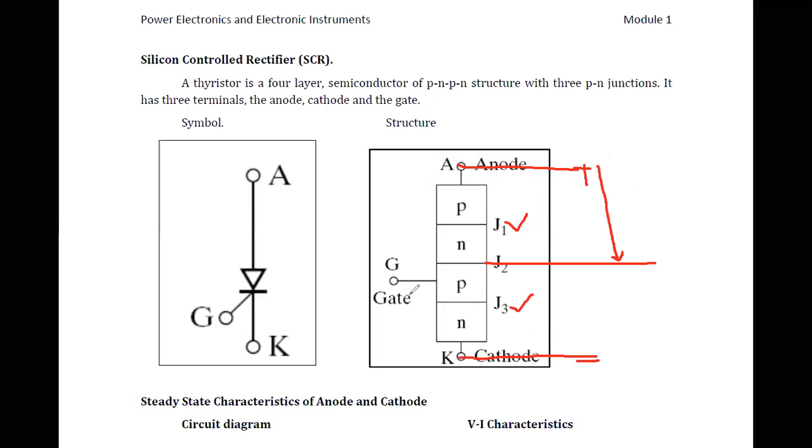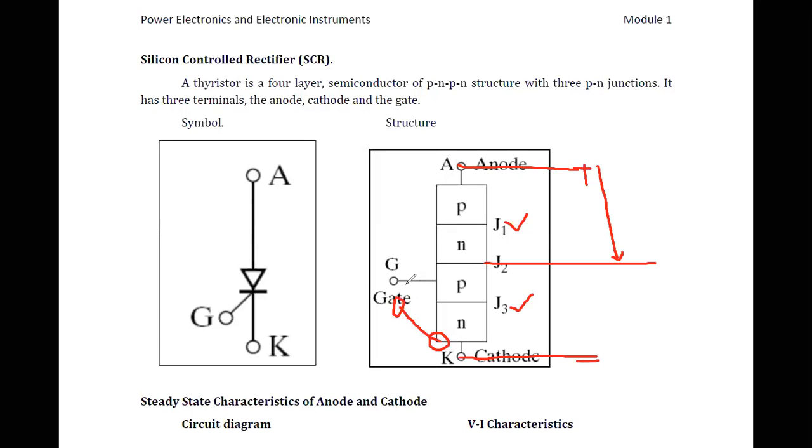Now there is one more voltage I will be applying here. It is called the gate voltage. At these two particular points, cathode and gate terminal, I will be applying my gate voltage.